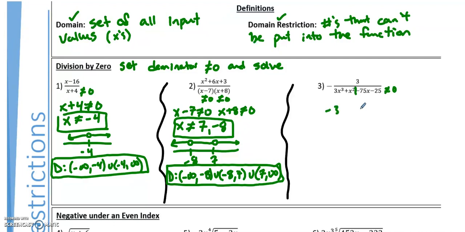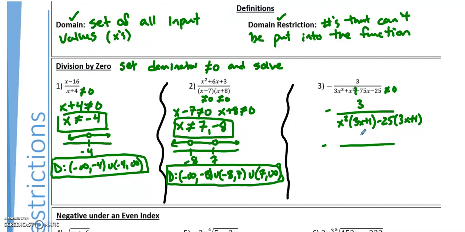So I still have the negative out front, along with the 3 on top. Factor by grouping says that I can pull out an x squared. And I get a 3x plus 1. And then I want a 3x plus 1 out of the second set. So pull out a negative 25, and that gives me 3x plus 1.